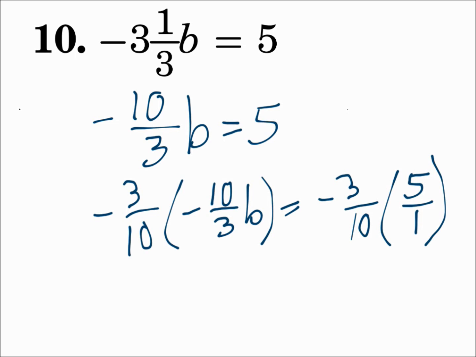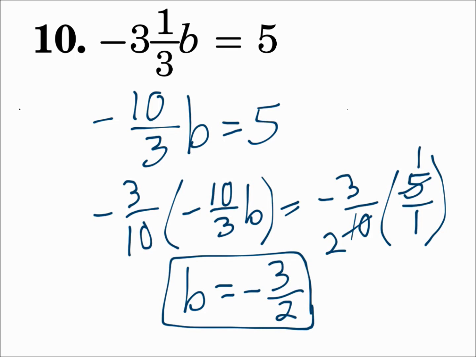You can put the 5 over 1 if it'll help. Negative 3/10 times negative 10/3 is 1, leaving 1b on the left. And on the right, the 10 and the 5 can reduce. They're both divisible by 5. 10 becomes 2, and 5 becomes 1. So b equals negative 3/2.